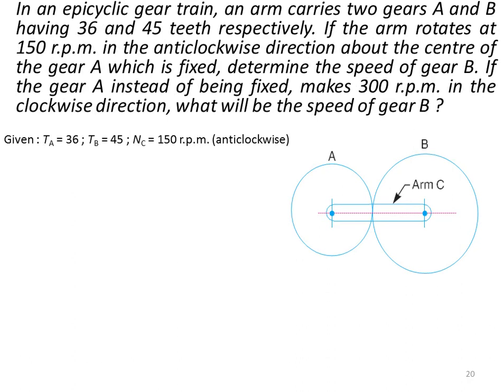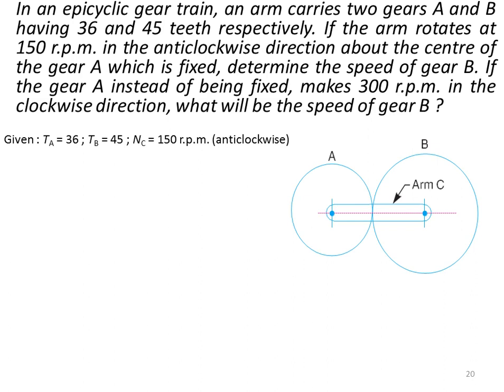We start with a simple gear train which consists of only two gears connected by an arm. In the figure you can see A and B, the two gears, connected by arm C. A has 36 teeth and B has 45 teeth.